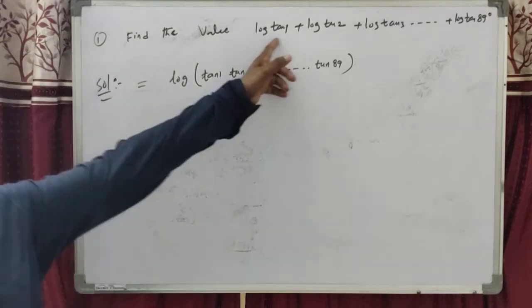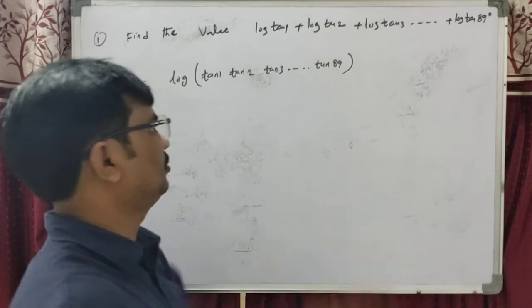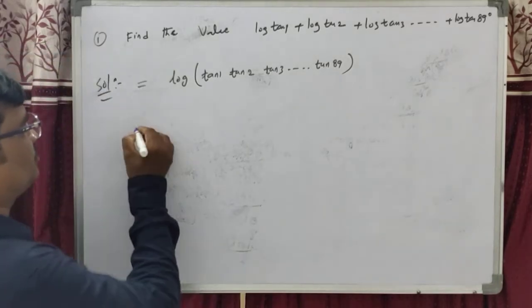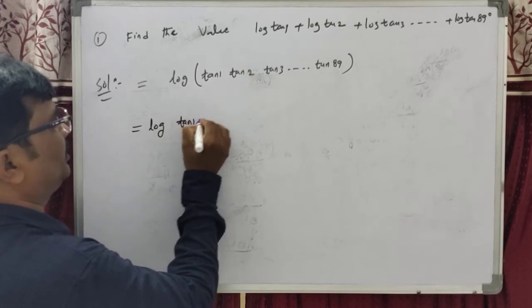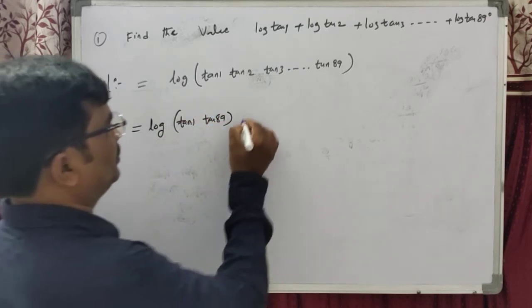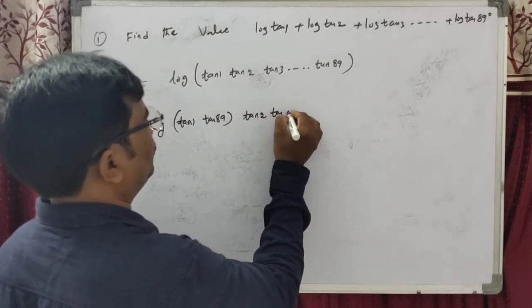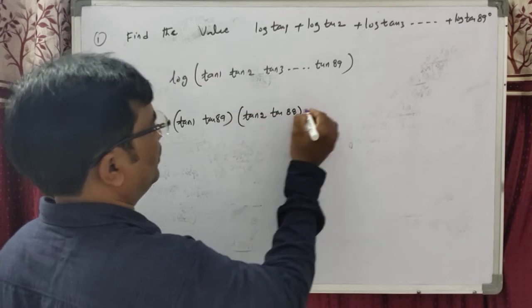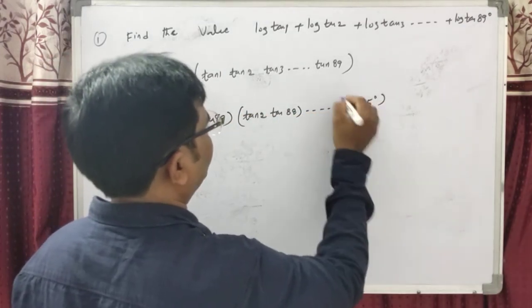After that we can write logarithm of tan 1 into tan 89, then tan 2 into tan 88 and so on. The final one is tan of 45.